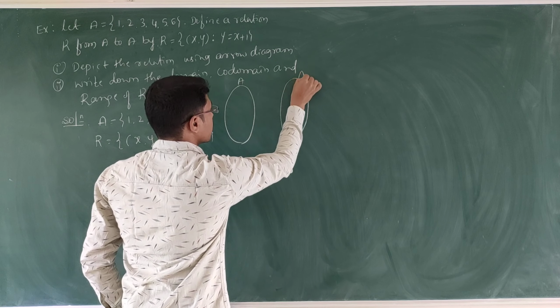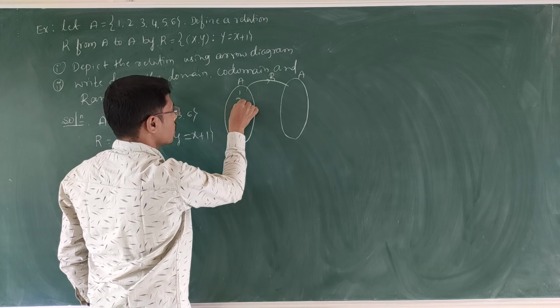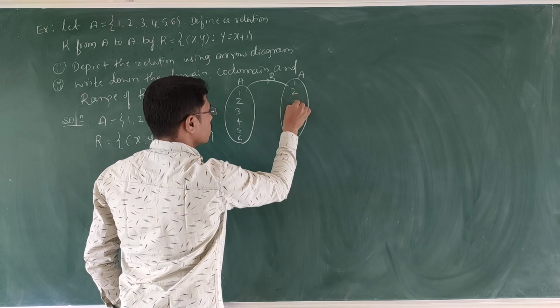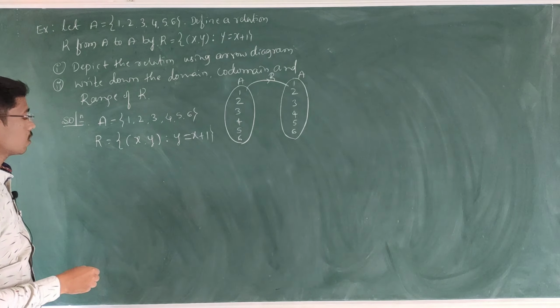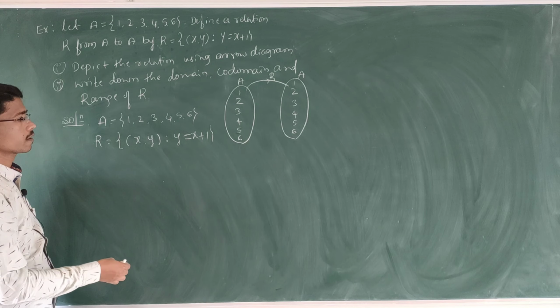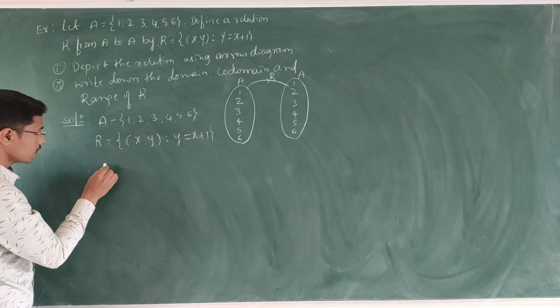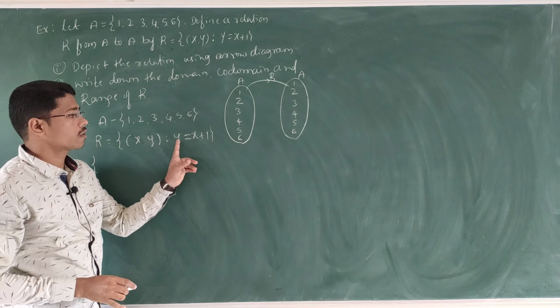Set A to A, this is a relation R: 1, 2, 3, 4, 5, 6 and 1, 2, 3, 4, 5, 6. Now we have to relate the elements of set A to the set B. These are all x, these are all y. Here y equal to x plus 1.